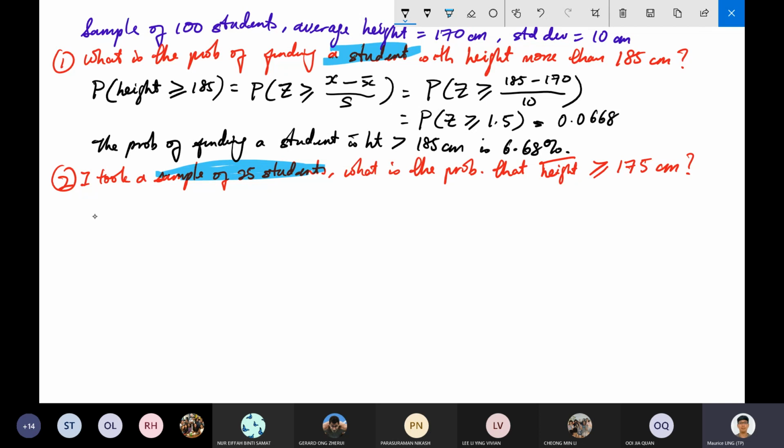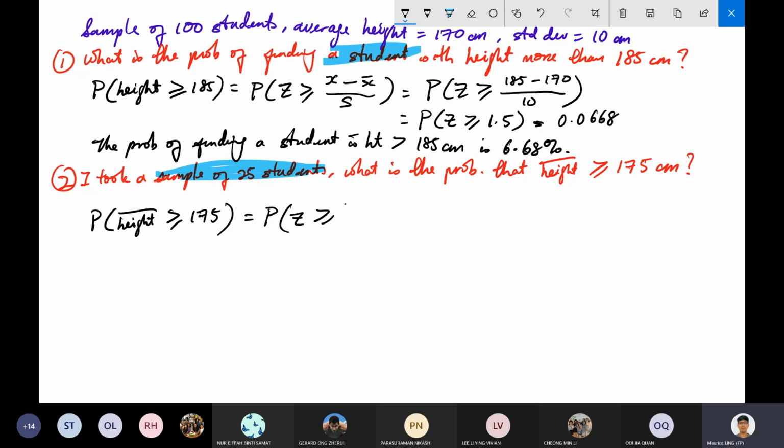So what I would write here is the probability that the average height is more than 175 cm. I have to convert it into the z-score as well. Okay, I convert into a z-score, but this time I'm using it differently.